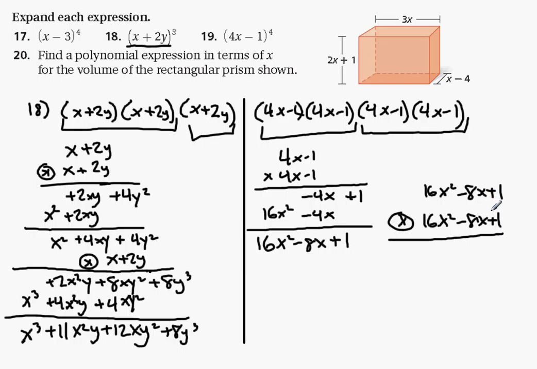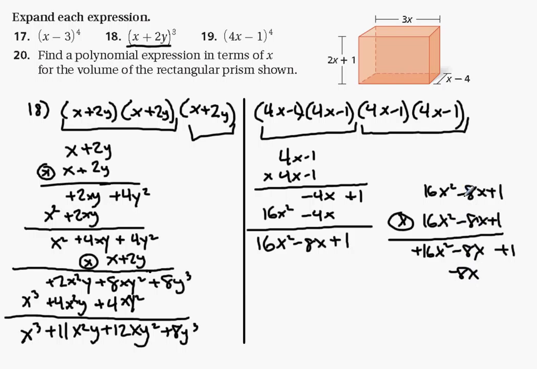So going through the columns, 1 times 1 is 1. 1 times negative 8x is negative 8x. And 1 times 16x squared is a positive 16x squared. Moving over to the next term, I have negative 8x times 1 is negative 8x.